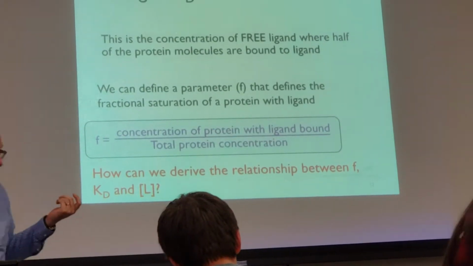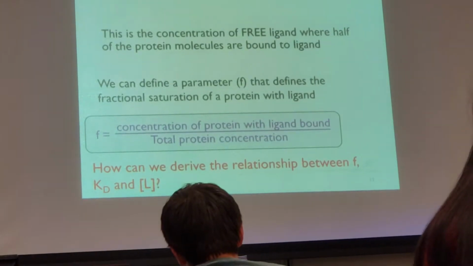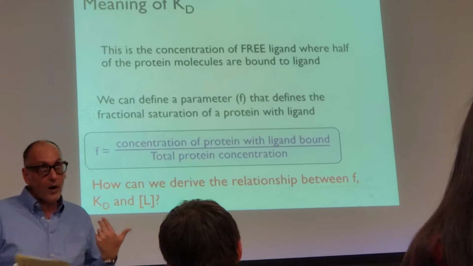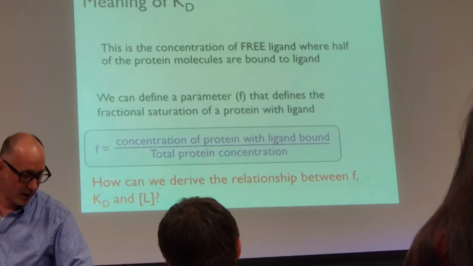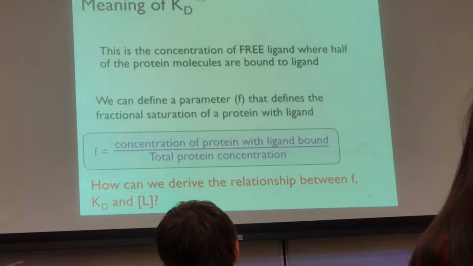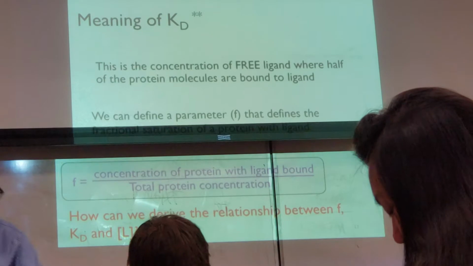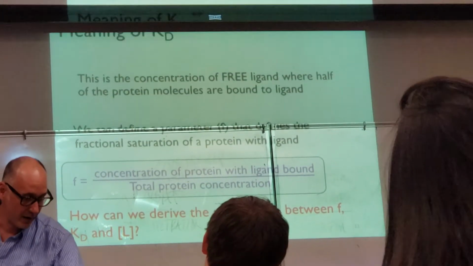So this issue of KD, we looked at how to derive it last class. But now, where does this meaning of KD come from? You can think about it this way.